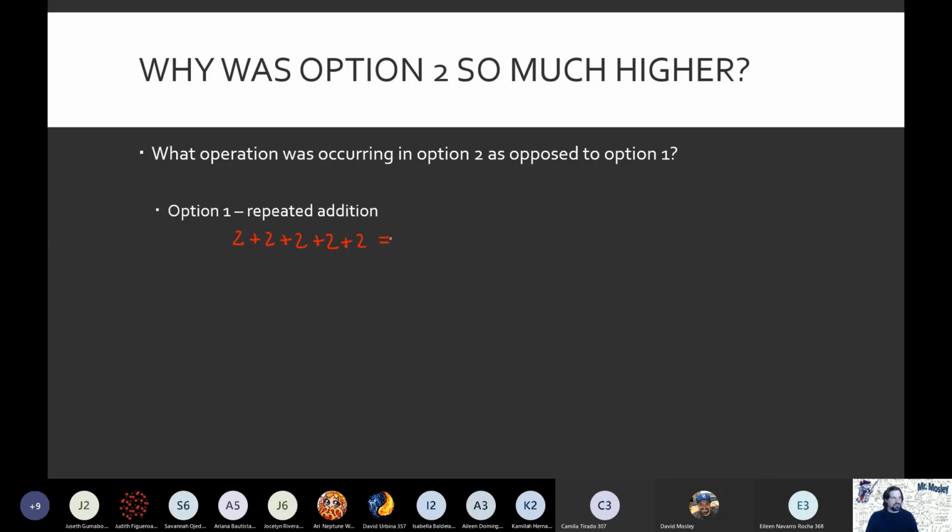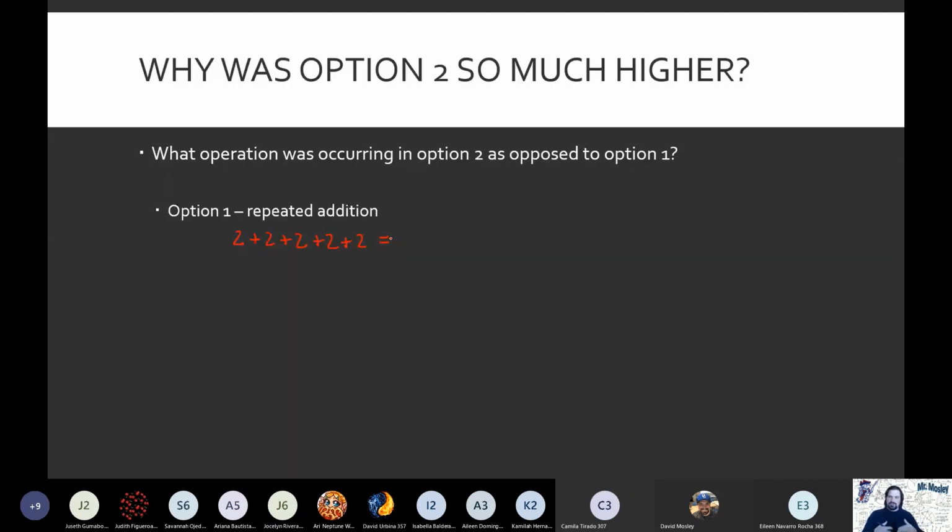Rather than writing 2 plus 2 plus 2 plus 2 plus 2 5 times. All right, we're looking at addition though.